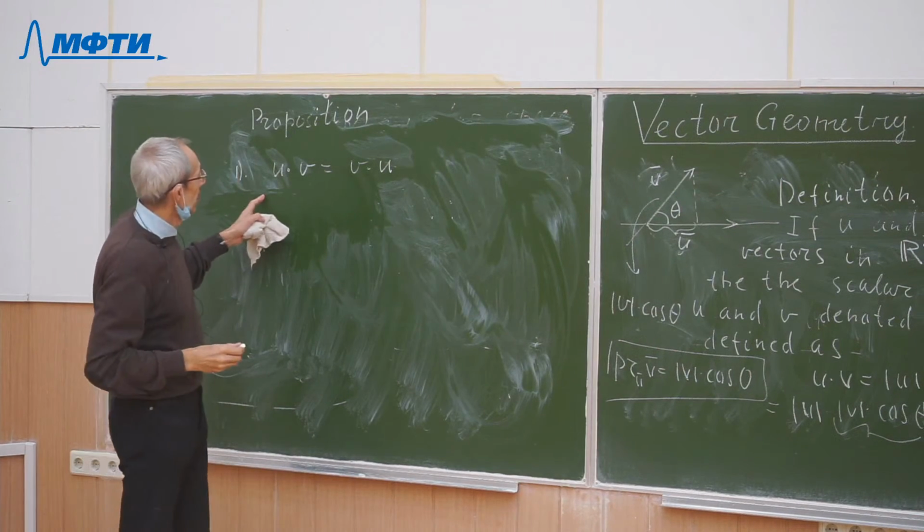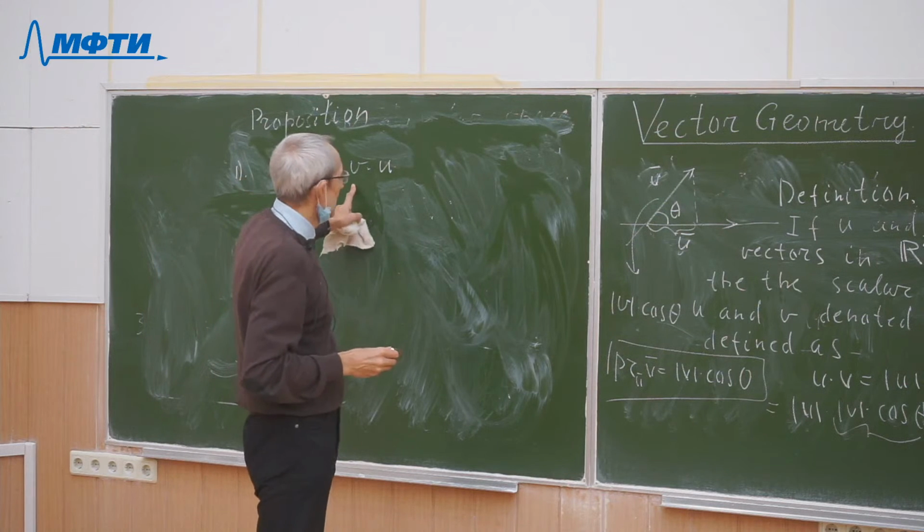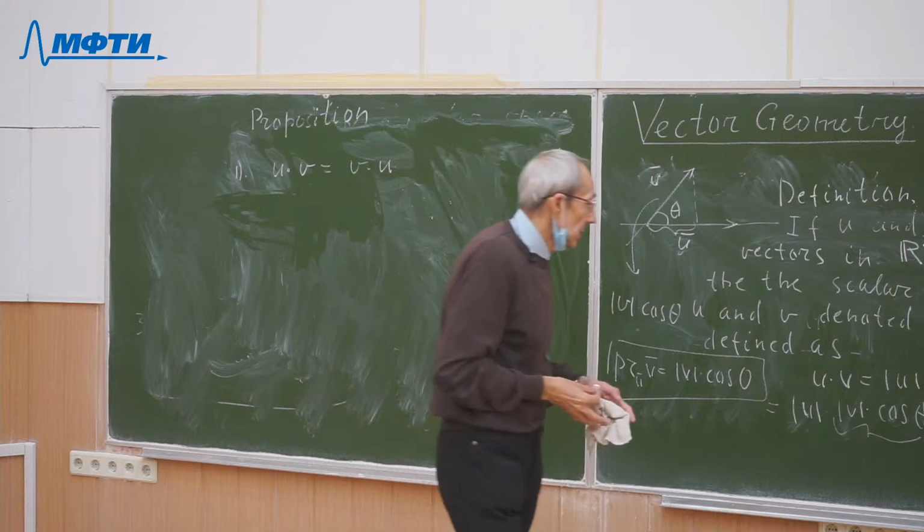The product of vectors u and v is equal to the scalar product of v and u.